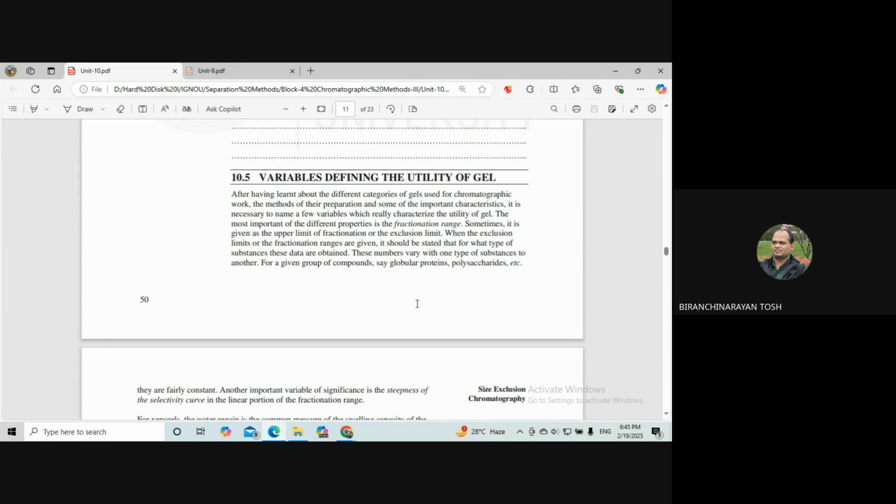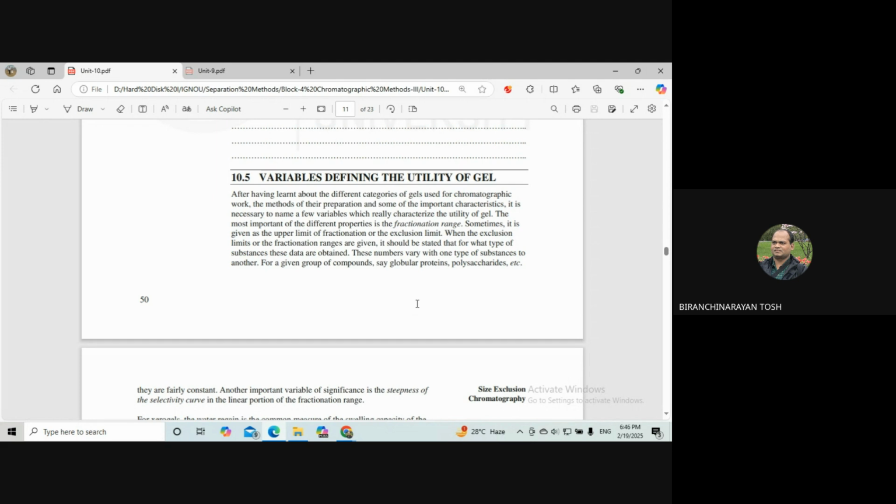Then the variables defining the utility of a gel. The most important of the different properties is the fractionation range. Sometimes it is given as the upper limit of fractionation or the exclusion limit. When the exclusion limit or the fractionation range is given, it should be stated for what type of substances these data are obtained.